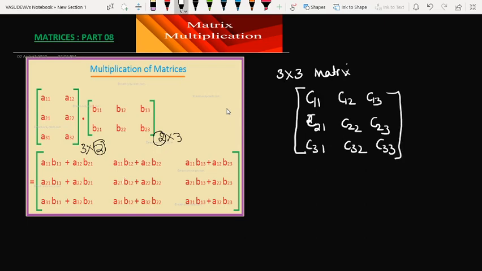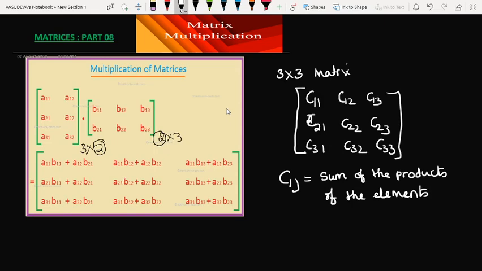So this C11 means the sum of the products of the elements. Naturally, what we say is that this is Cij. Cij may be anyone: C11, C12, C13, C21, C22. So this is the sum of the products of the elements of the ith row and jth column.